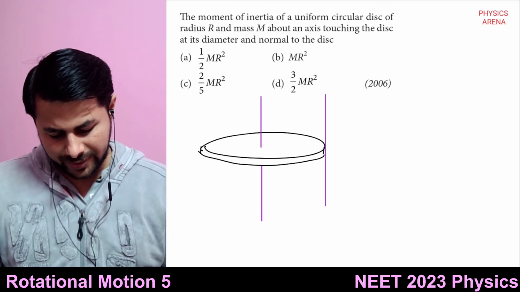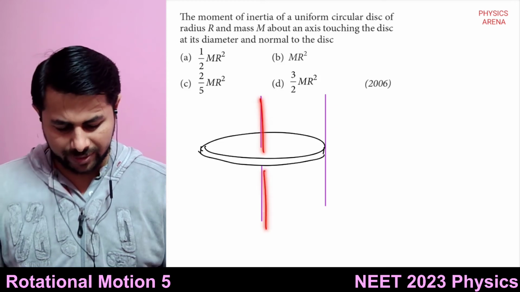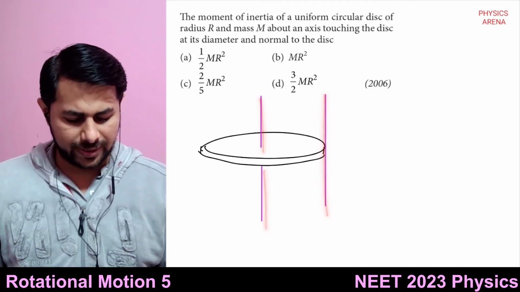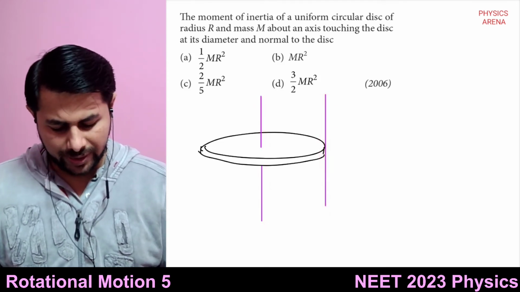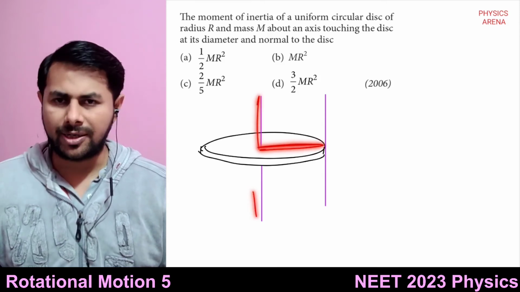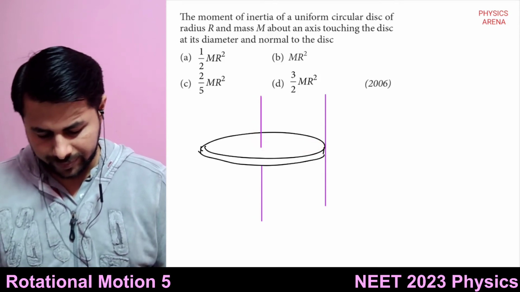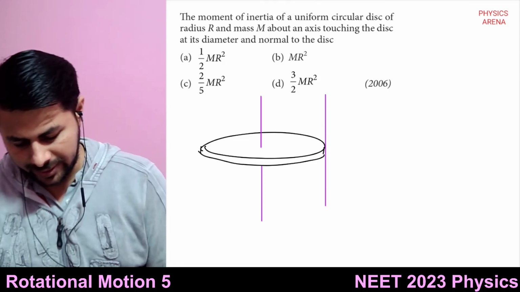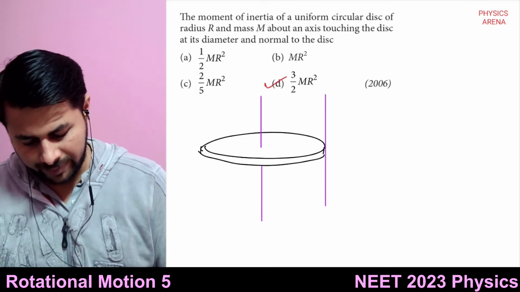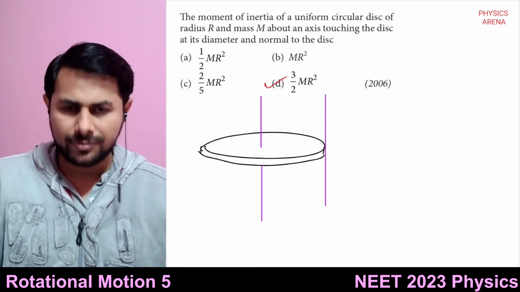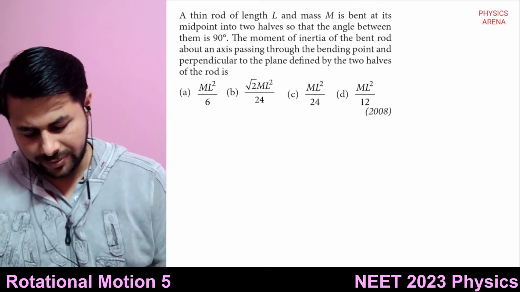For the central axis, it is mr square upon 2. For this axis, it is mr square upon 2 plus mr square, using the parallel axis theorem. So it is 3 by 2 mr square. This is the answer. Let's see the next question.